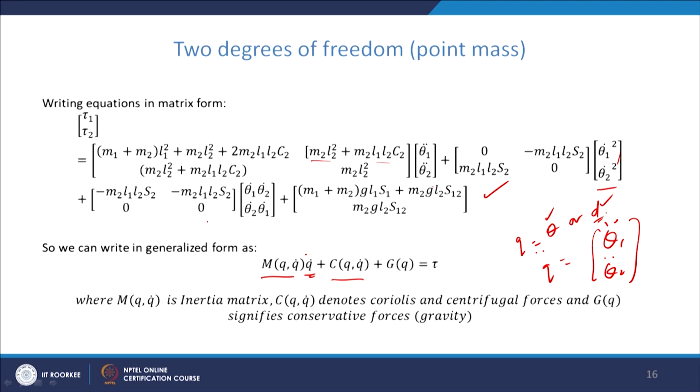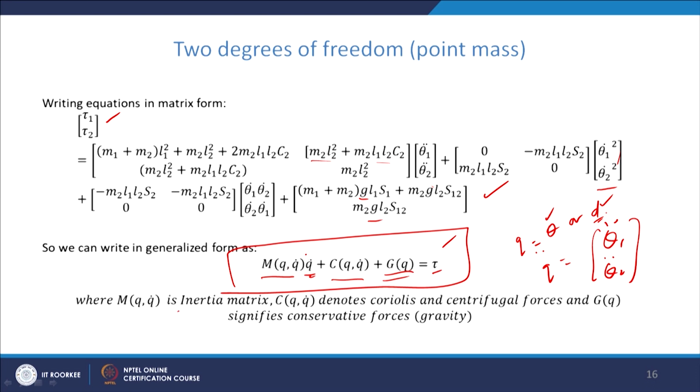The third one is wherever gravity is appearing, G, we collect all such terms, which is called the gravity term, and tau is nothing but tau 1 and tau 2. So, a general dynamic equation will look like this. It is a 2-arm manipulator, therefore M is a 2 by 2 matrix. For an N link manipulator, the matrix M is an N by N matrix.